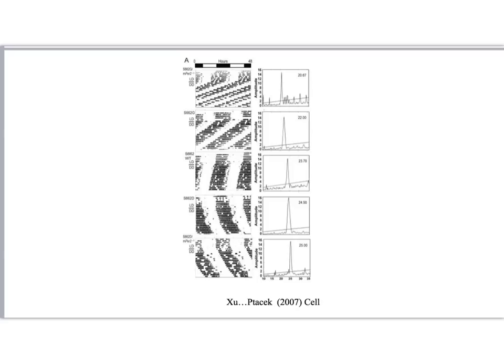The main two panels that you need to concentrate on are these two. This is when you express the same human mutation in mice in a background of Per2 knockout, and you get a very extreme short period.